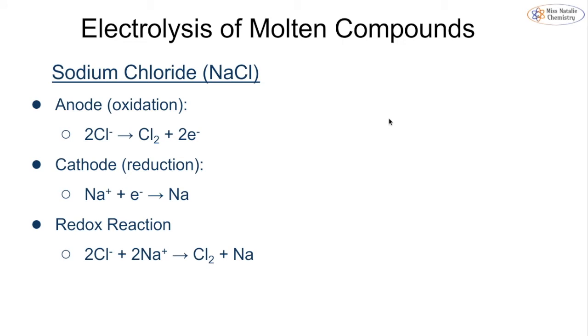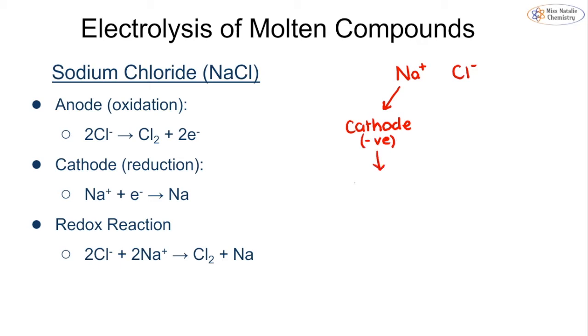So now what we can do is we can look at different molten compounds and we can figure out what is happening here. So if we have Na+ and Cl- for sodium chloride, our sodium is going to be attracted to the cathode because that is negatively charged.